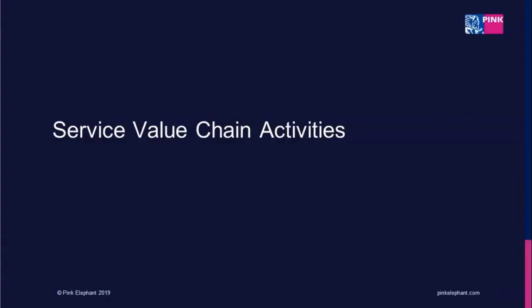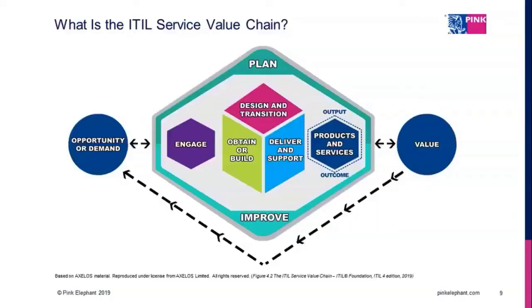So as we go through, then we want to talk about the service value chain activities. And when we get into these activities around the service value chain, it is all about how do we take the opportunity or demand, and within those 6 activities, how do we transform those opportunities or demand into and through our products and services in order to have value realization from our business customers that are out there. So a couple key things that have happened with ITIL 4.